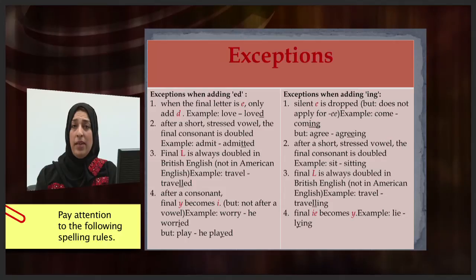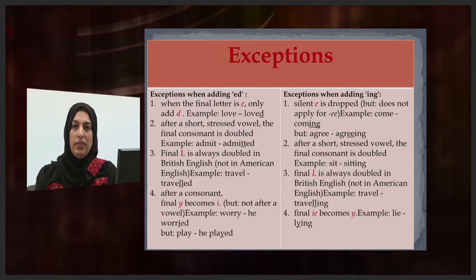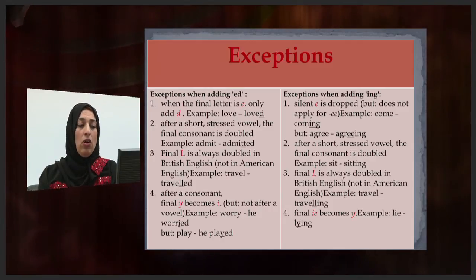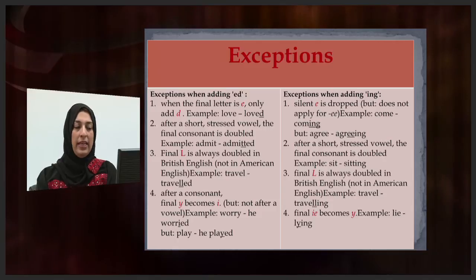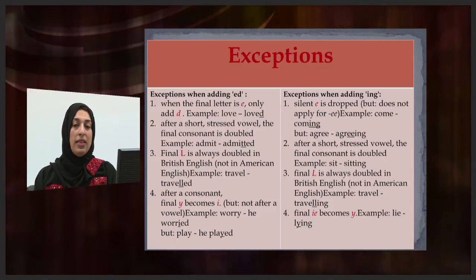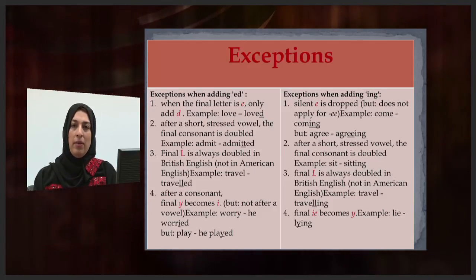Example, admit becomes admitted. We double the T. 3. Final L is always doubled in British English, not in American English. Example, travel becomes travelled. We double the L.